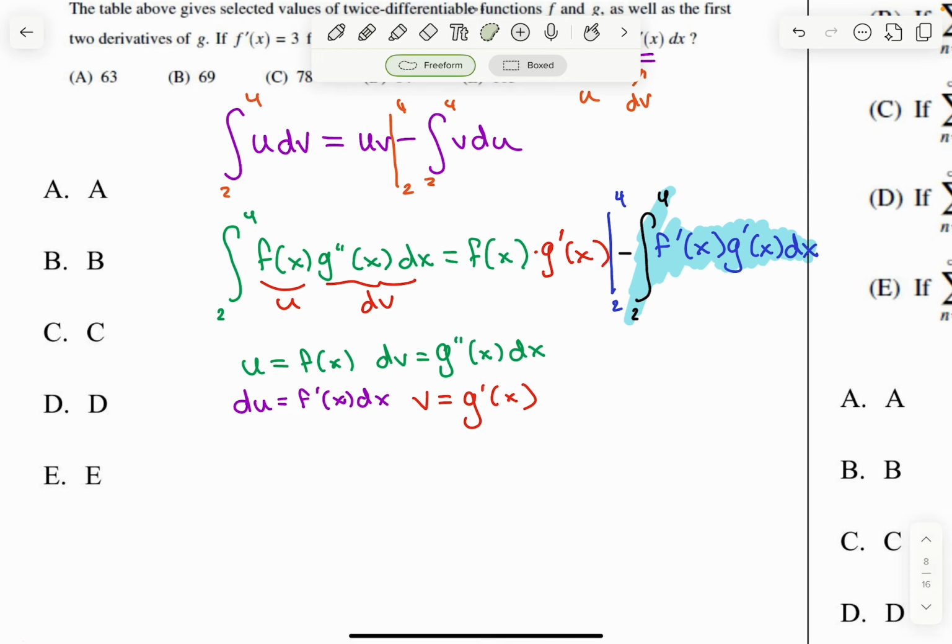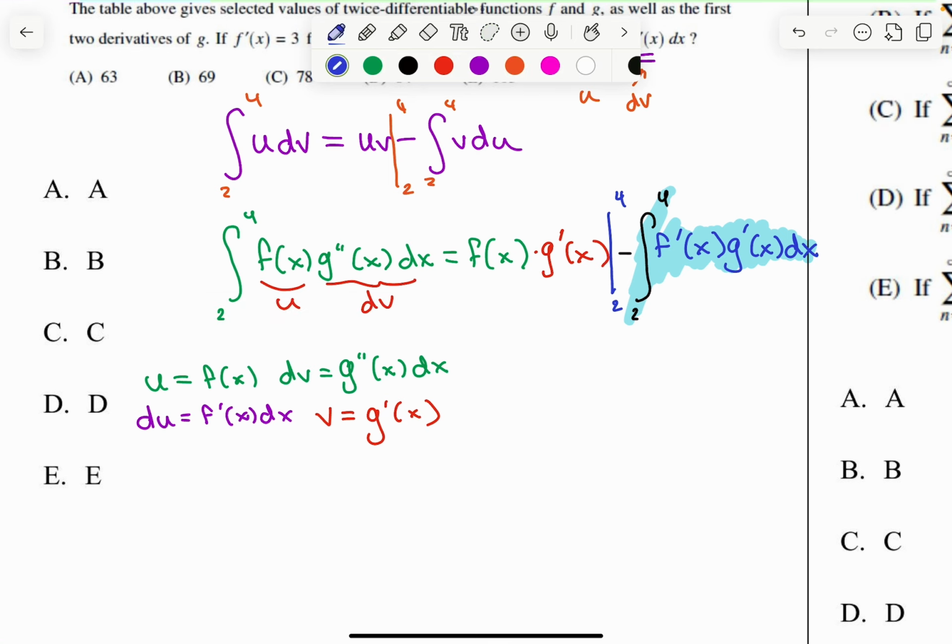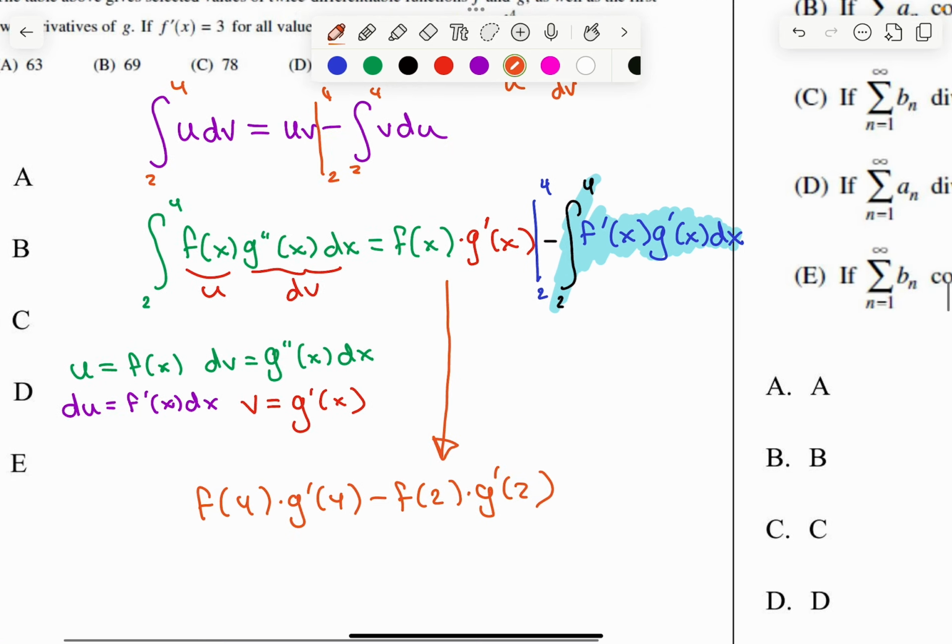So I'll move this out of the way for now because we're done with it. Now to evaluate this, first, as the fundamental theorem says, this will be f of 4 times g prime of 4, minus f of 2 times g prime of 2. And then over here, this integral, I'm just going to replace with a 3.